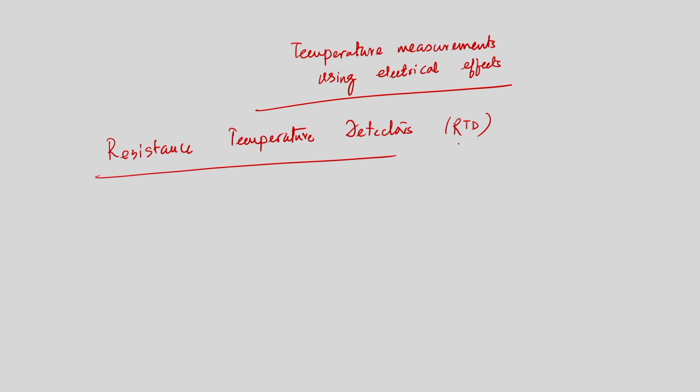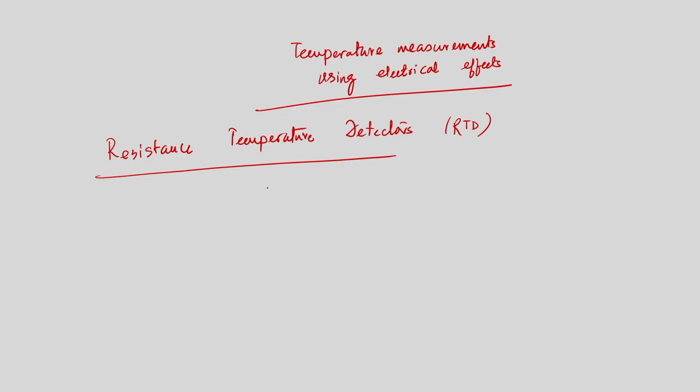The resistance temperature detectors basically exploit the change in resistance of the material with temperature to detect the temperature difference. So, the principle of measuring temperature using electrical effect is to exploit the change in resistance of the material with temperature, and from there we can measure what the temperature will be.